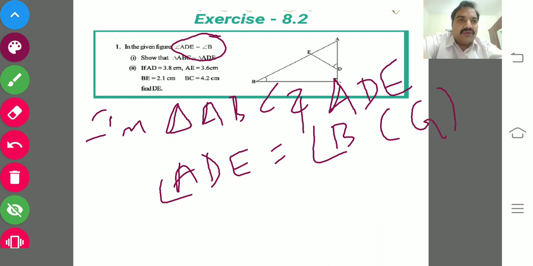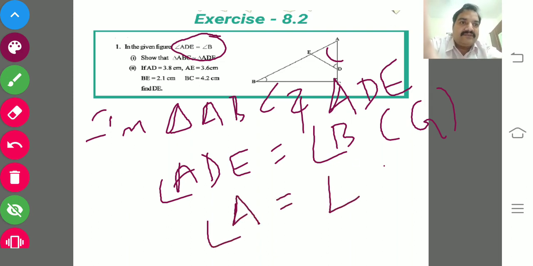And you have to find out one more similarity. Already one angle we have taken. If we find one more angle, with the help of the AA criterion, we can say that both triangles will be similar. So what is that? Can you identify? Yes, angle A. So angle A is common for both.